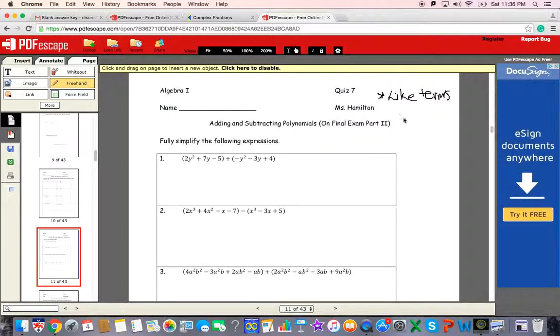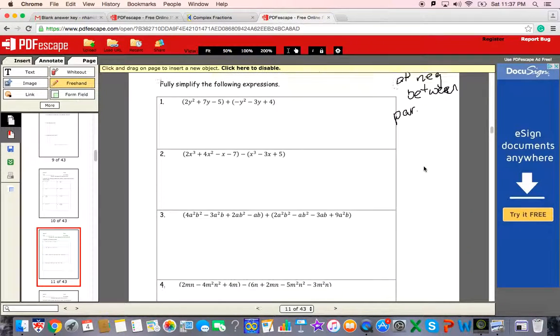The next thing is that we need to be careful of that negative sign when it's in front of parentheses. A negative sign changes everything that comes after it when it's outside of the parentheses. So I'll just say, be careful of a negative between parentheses.